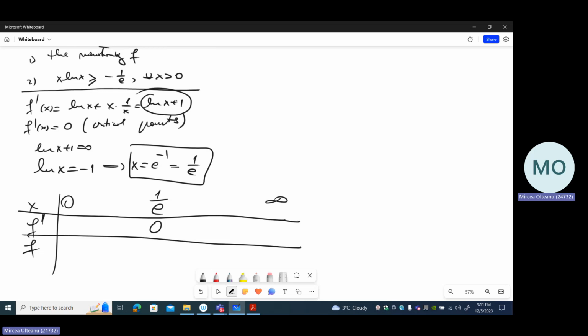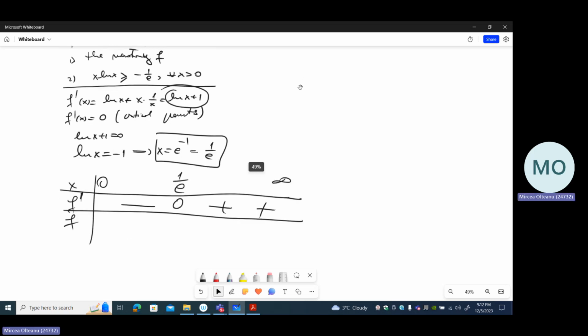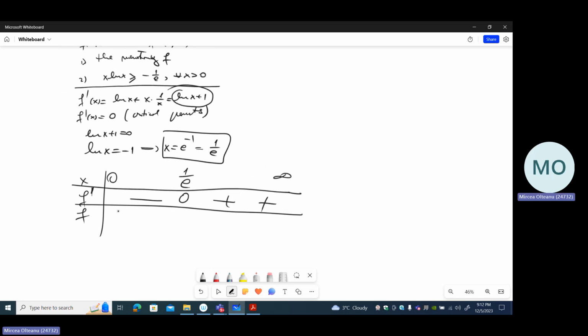Now if x is less than 1 over e, for example, if it is 1 over e squared, we shall get minus 1, so here it's negative. If x equals 1, we shall get 1, so here it's positive. Consequently, the function f will be decreasing on the interval 0, 1 over e, and it will be increasing on the interval 1 over e, infinity.